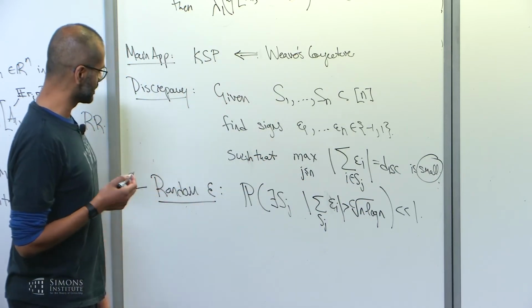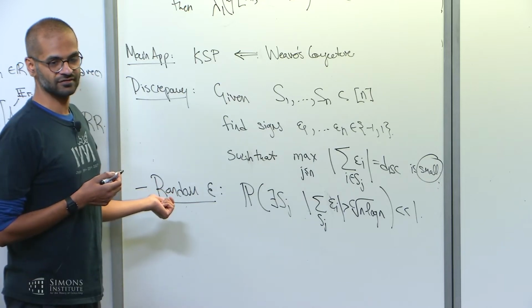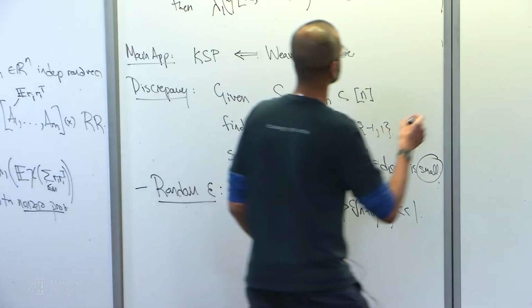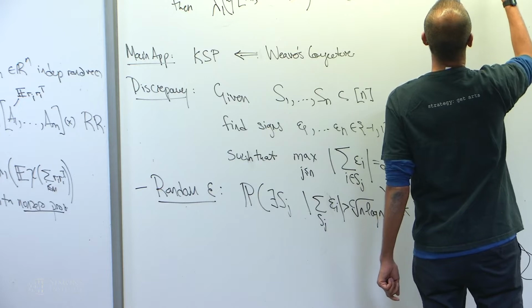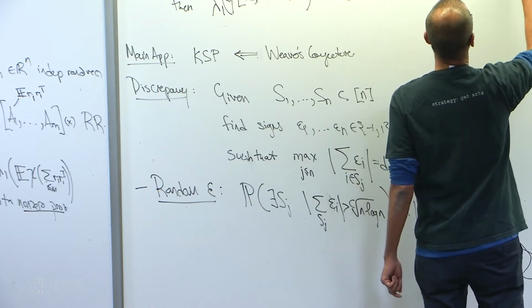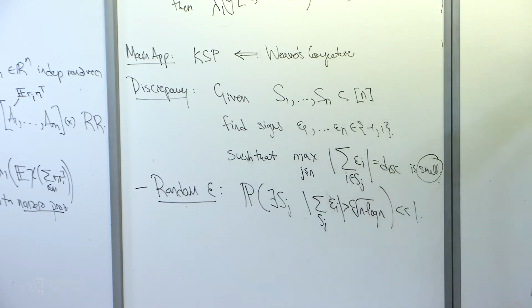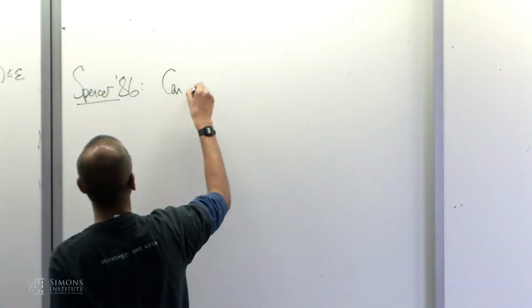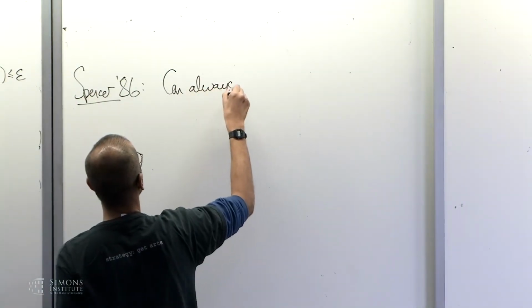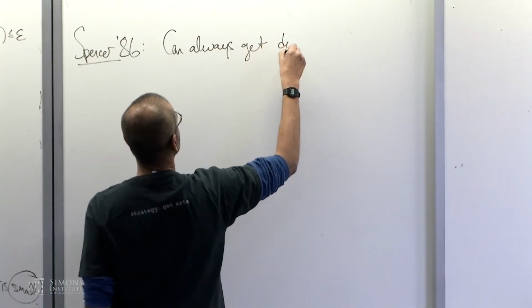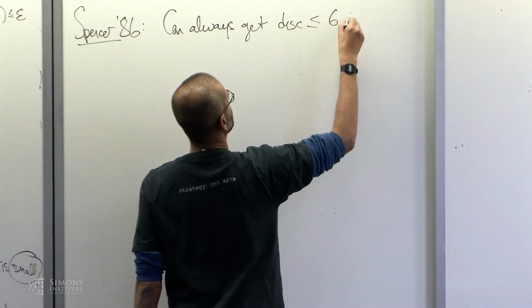So the interesting thing is that you can do significantly better than this. There's a famous theorem of Spencer, I believe 1986, which says that you can always get a discrepancy less than 6 square root n.